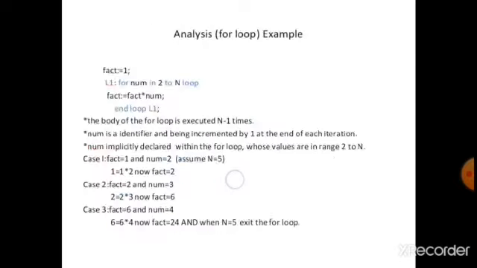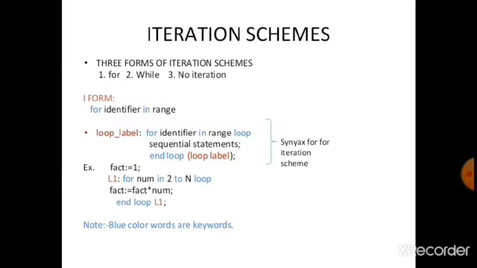Remember that there is no semicolon after this first line. I wrote only one sequential statement, fact is equal to fact into num, and then end loop and the loop label. This is a simple example for the for iteration scheme.